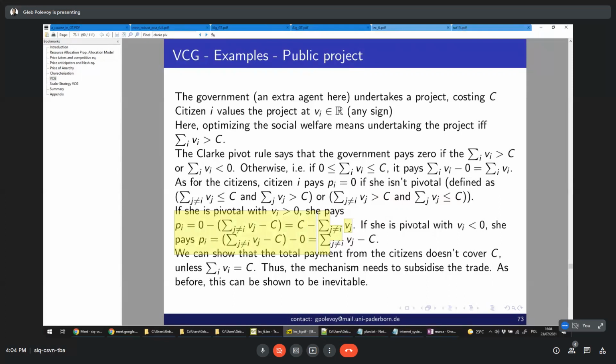Good. Then if she's pivotal with a negative V, then that's what we mean. What do we have? With you, without you, if you only want to help them, it will be built, and then the citizens would get the value, the government would bear the costs.